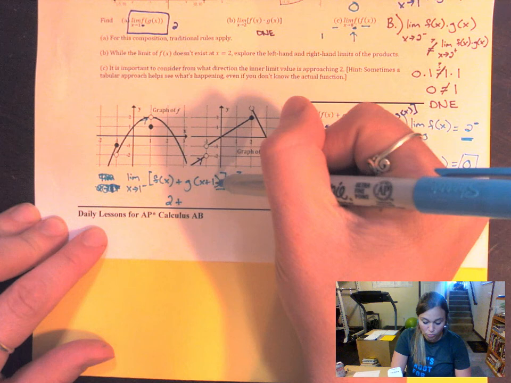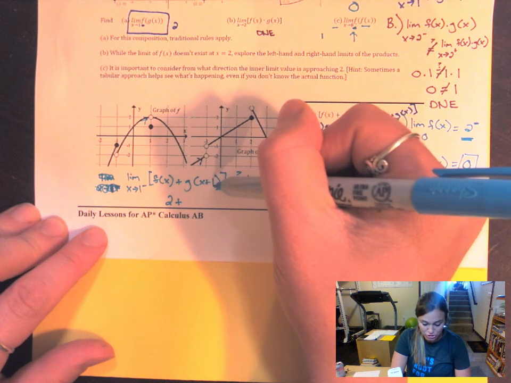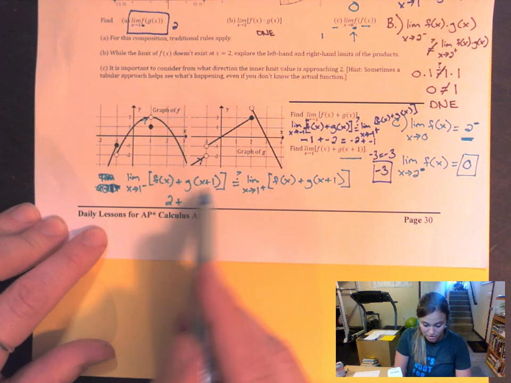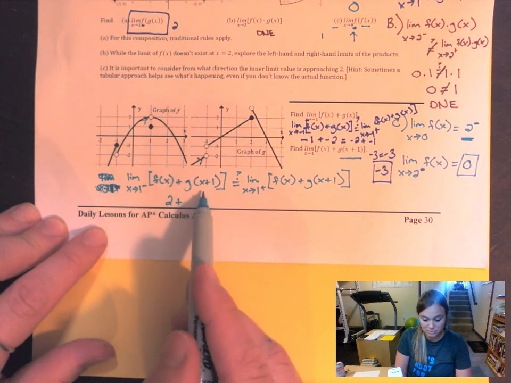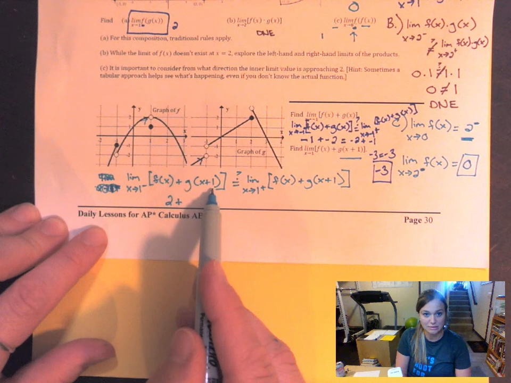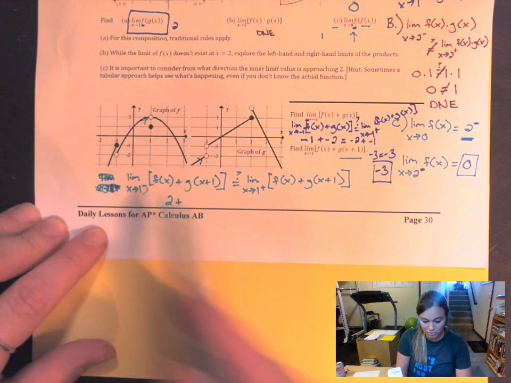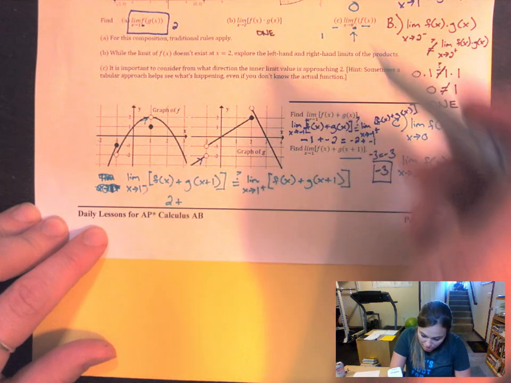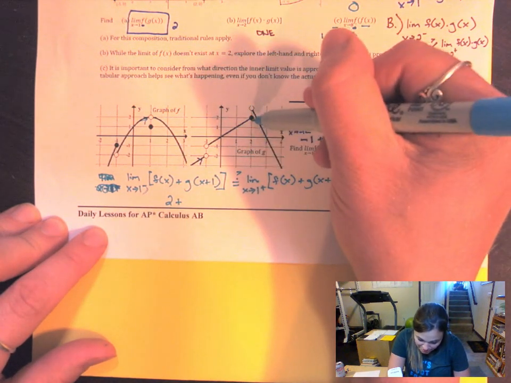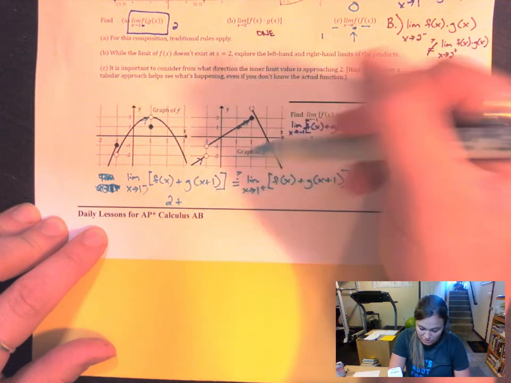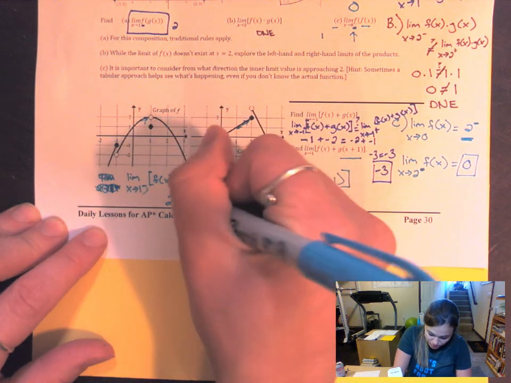So I'm thinking, what is the limit as x is approaching 2, because 1 plus 1 is 2, but I'm still going from the left here, because 0.9 plus 1 would be like 1.9. So if I go over to g, I'm still saying from the left, and I get 2.